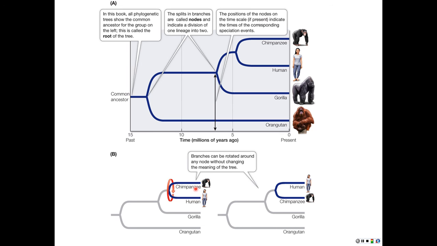So let's think about doing this. How do we actually put together one of these phylogenetic trees? Well, the most useful way to do this is to use what's called the cladistic approach. So the cladistic approach, or cladistics, is a method to determine relatedness by forming clades.